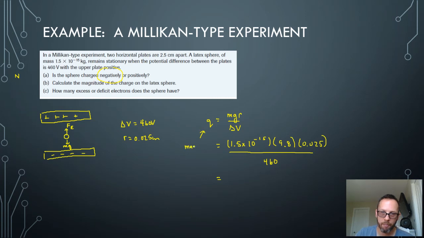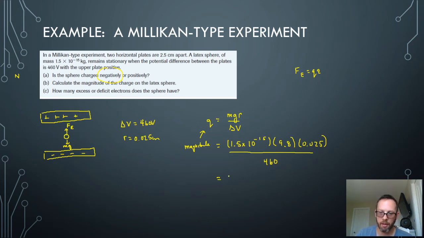Because remember, in the way we calculated the electric force, Fe equals Q times epsilon, that gave magnitudes, right? So what we're finding here is the magnitude of Q. So just keep that in mind. And we've already reasoned out what the sign would be. It's going to be negative. This is a negatively charged particle. 9.8 times 0.025 by 460.